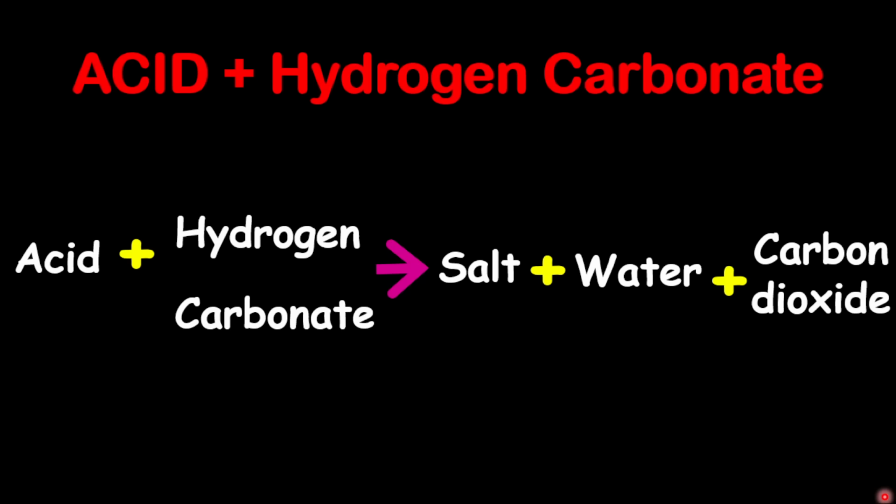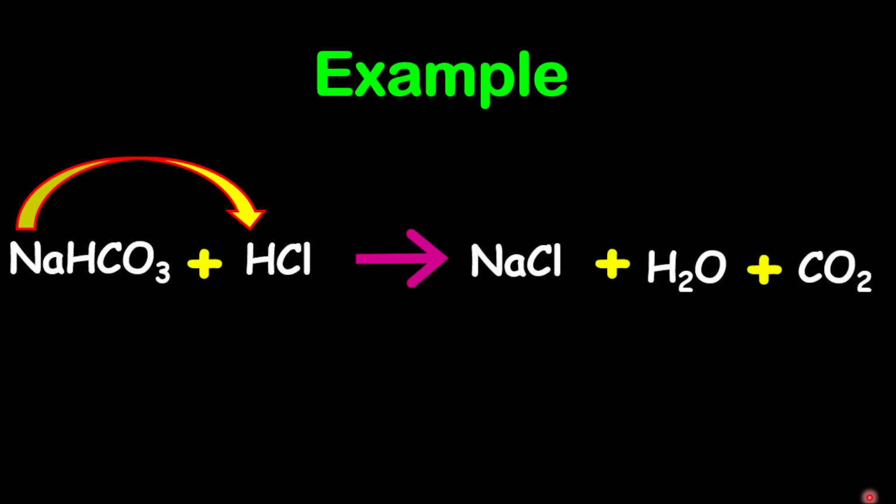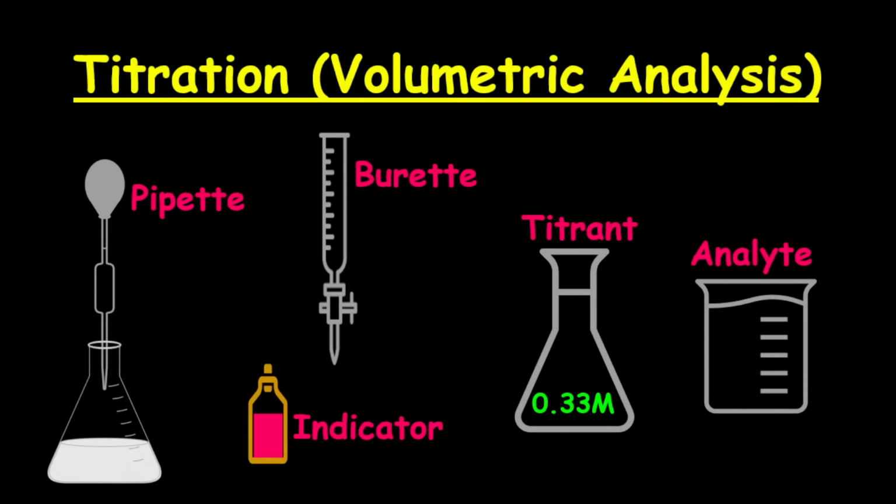Take sodium bicarbonate, of course, the baking soda. We get sodium chloride, water, and carbon dioxide. That's a typical salt from this. The Na replaces the H, and we get NaCl, water, and carbon dioxide. Again, you can have something called an acidic salt, but typically you get salt, water, and carbon dioxide.